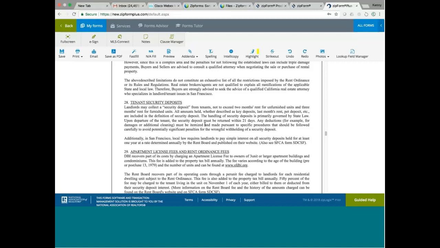Not only must you itemize, you also have to attach copies of the receipt for any materials that you purchase if you are doing the repair yourself. But if you hire a contractor or handyman to do the repairs, usually you will get the receipt from the handyman and attach it to your statement of account. Okay?